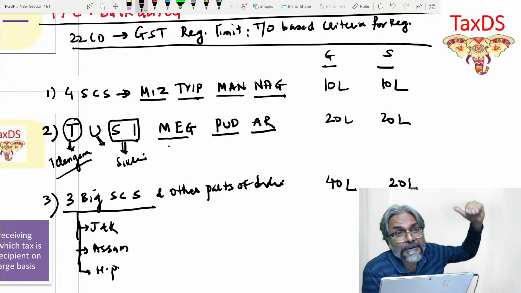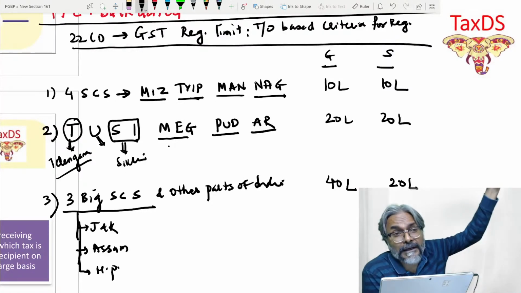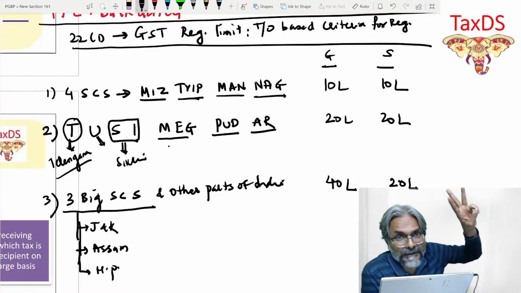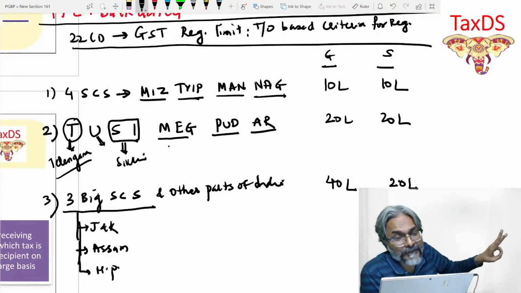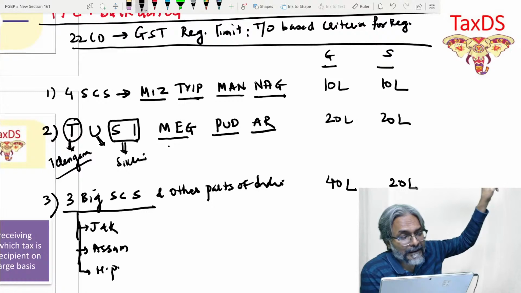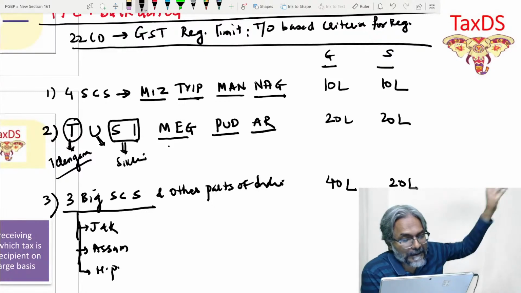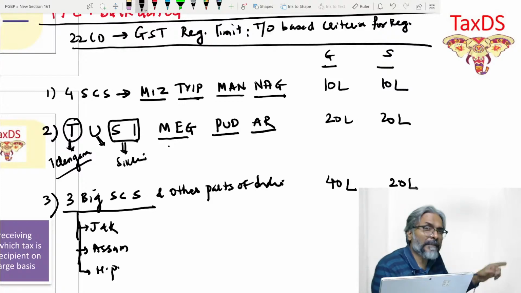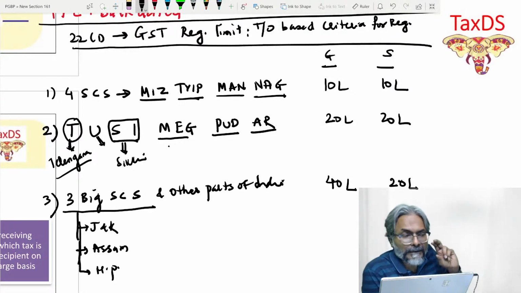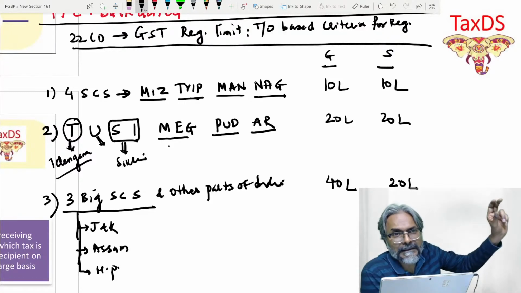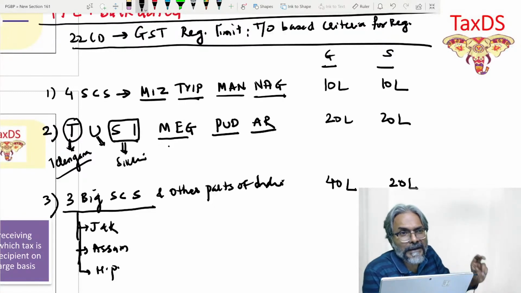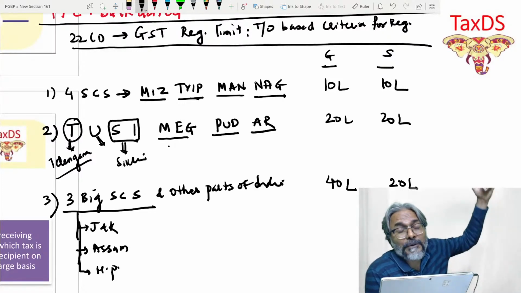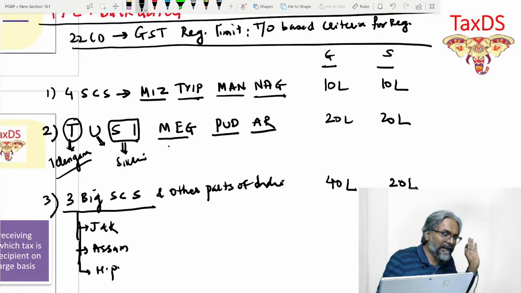So only when a person crosses the threshold of 40 lakhs in these states, three big SCS, which are J&K, Arunachal Pradesh, Assam, and Himachal Pradesh, and all the remaining parts of India, for them, if they are supplying the goods, the turnover based registration will be effective when they cross the aggregate turnover of 40 lakhs.